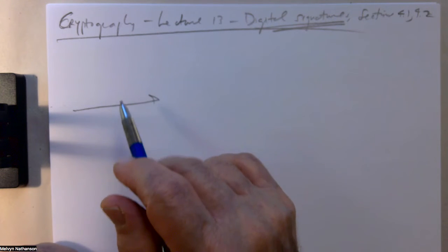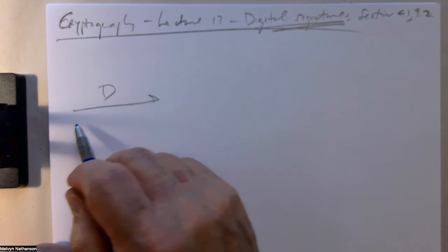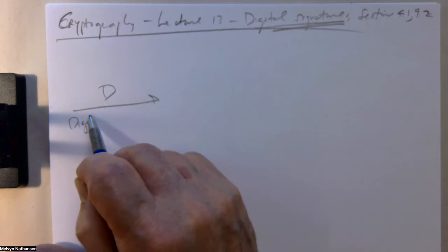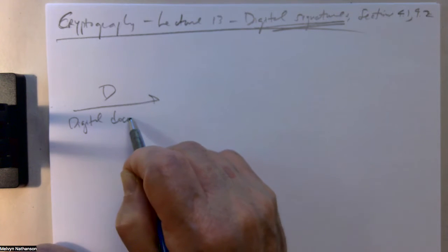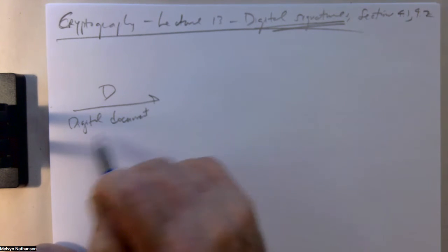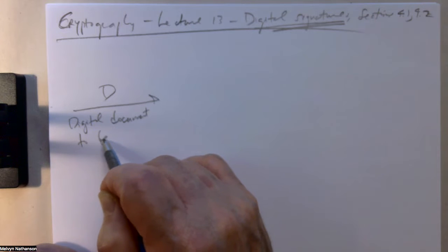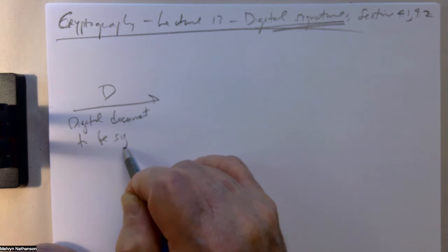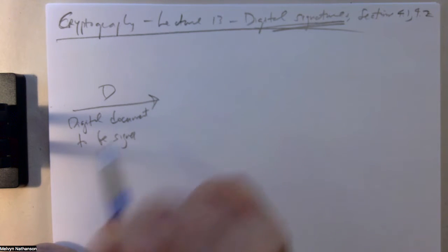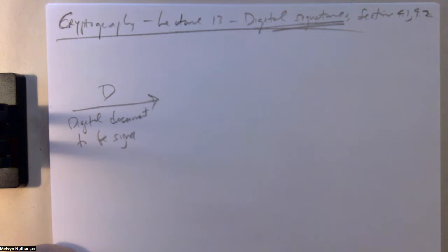So the general idea is the following. There is some digital document to be signed. Maybe it's encrypted, maybe it's not, but in any case, there is some document and you want to sign it so the person who receives it, or anyone who receives it, can know it's from you.